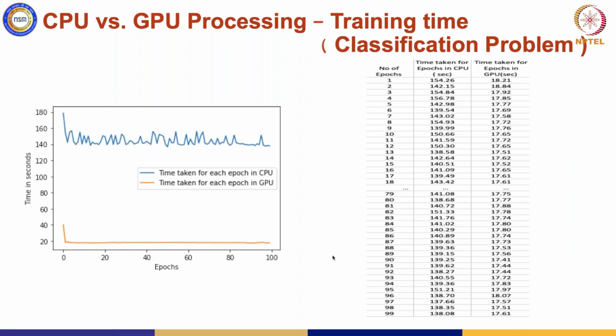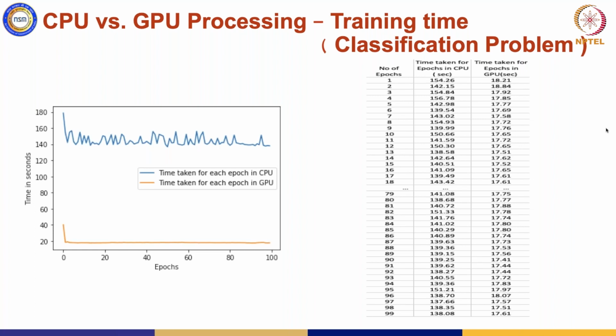Here, for epochs ranging from 1 to 99, you see the time taken for each epoch on a CPU as against on a GPU. For only one epoch, you get about 154.26 seconds to execute on a CPU, as against 18.21 seconds on a GPU.